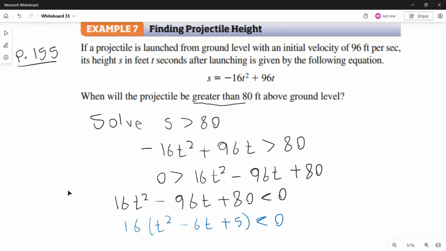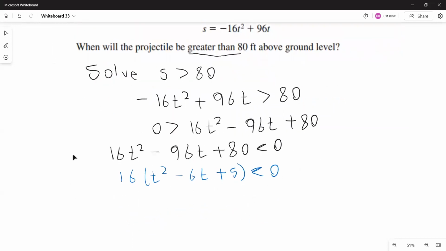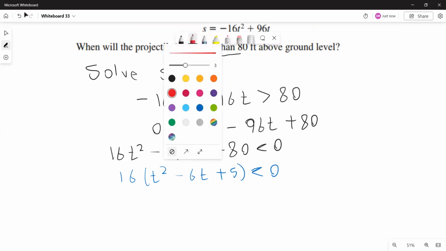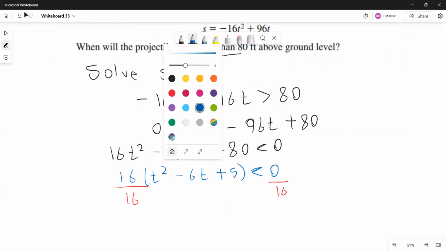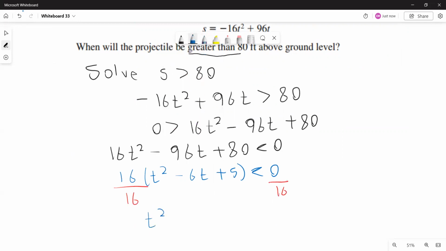And 16 is positive, so whenever we divide by 16, the inequality symbol doesn't change. So t squared minus 6t plus 5 is negative, or less than 0.